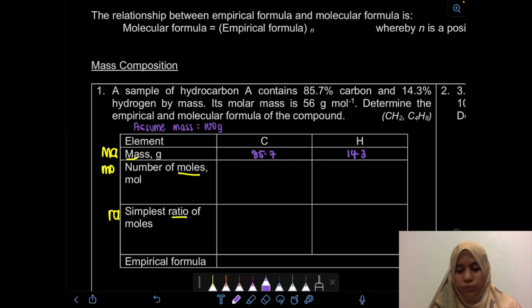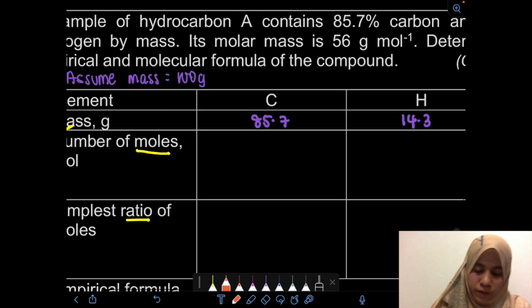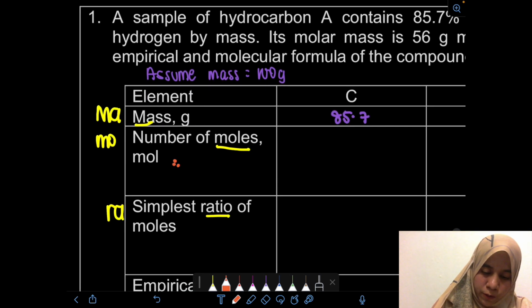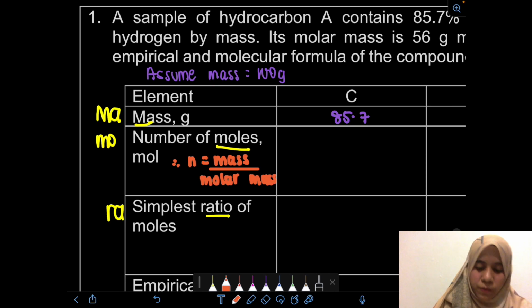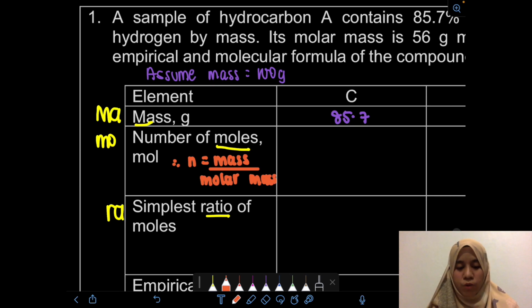How about number of moles? If you still remember from SPM or your foundation, number of mole is mass divided by molar mass. The mass we get from the box itself. But how do we get molar mass?